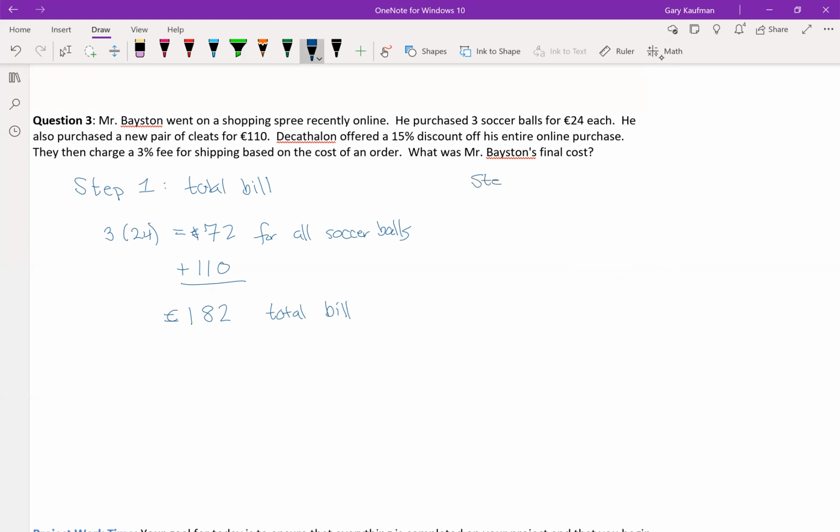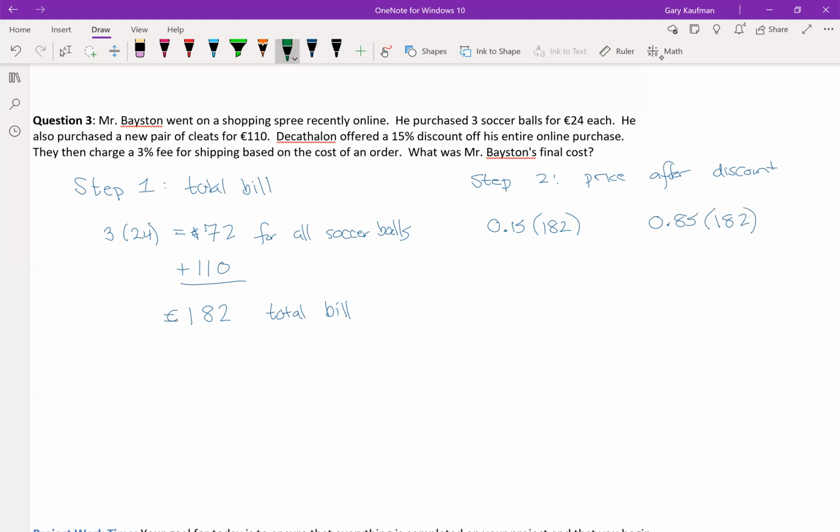Now, step two is going to find my price after discount. Like all the other things we've been doing, there's still 2 ways in which we can do this. We can say, okay, find 15%, 0.15 of 182. Or we could realize that instead of finding 15%, I can find 85% of 182.